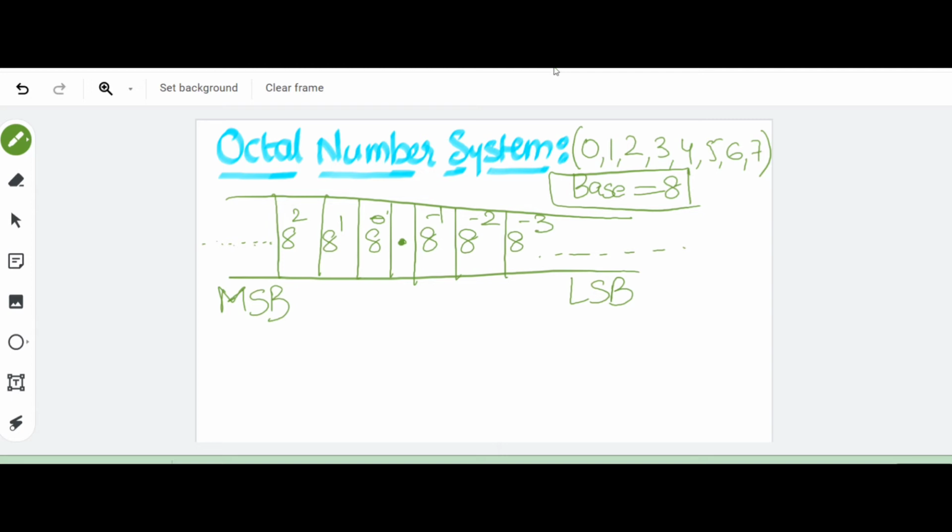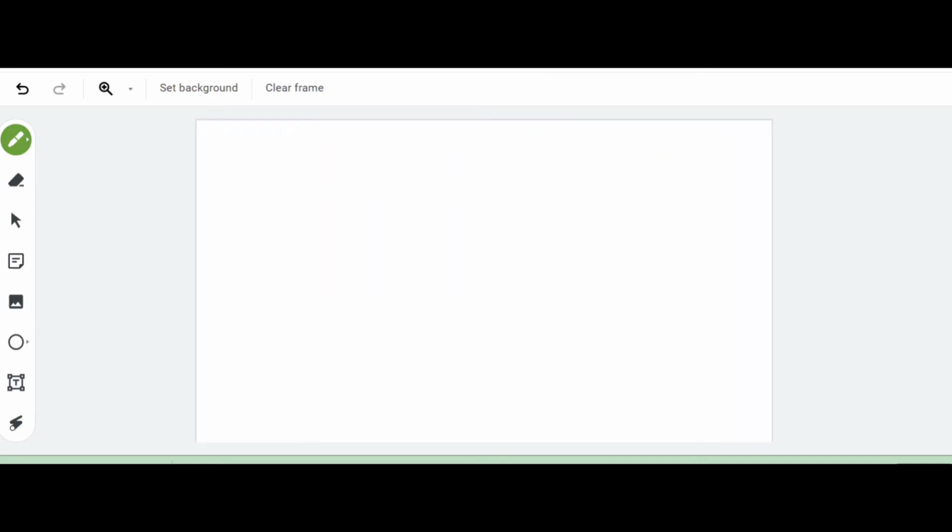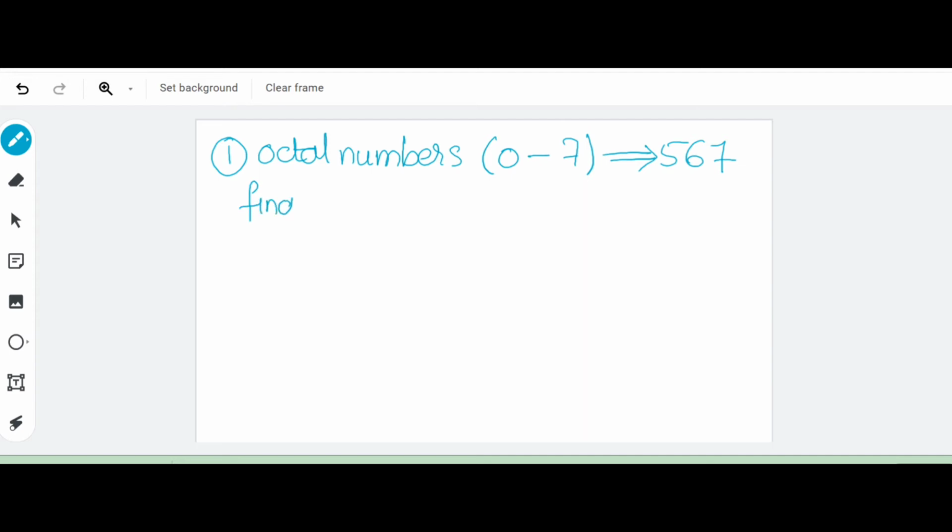Now let's have a look at changing an octal number into the decimal one. I am taking a very simple example so that you get a clear idea. Octal digits go from 0 to 7. Let me take the octal number 567, in base 8, and find its decimal equivalent.